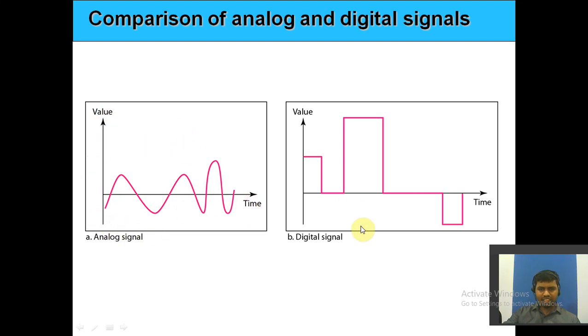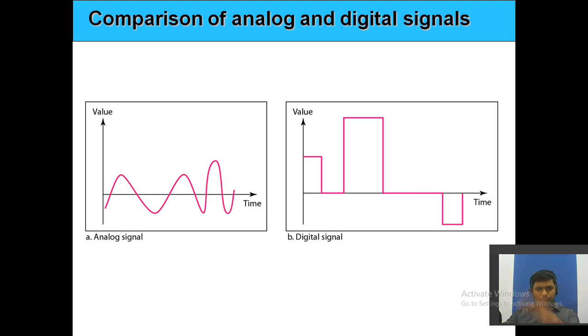Coming to the digital signal, digital also has one graph. This is the timeline and this is the value. Here we are using time slots. By using a digital signal, it can produce an exact value. The best example for analog signals is if you ride an old bike, there is an analog meter with 0, 10, 20, 30, 40.